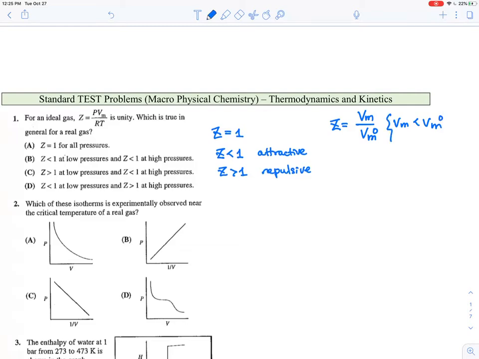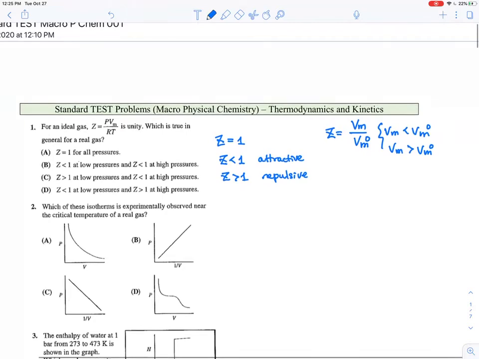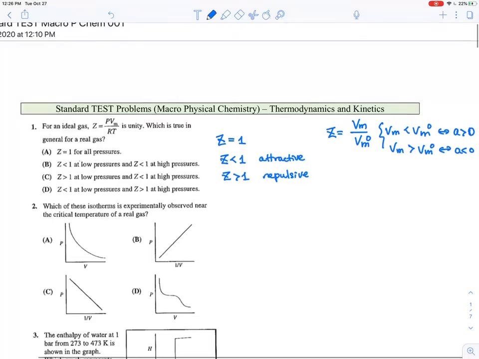When there is a repulsive interaction, the measured volume is actually higher than the ideal gas volume. In the same sense, this is a case where attractive interaction, a, is positive for the van der Waals gas, and this is for the negative for the van der Waals gas.